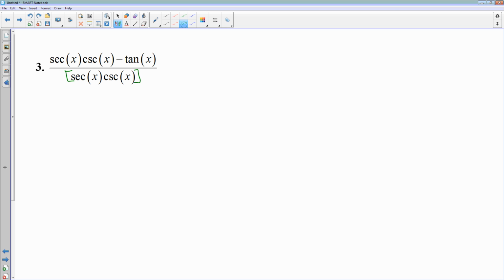I'm going to group that denominator as one big term, and I'm going to split this fraction up into secant x cosecant x over secant x cosecant x, minus, and then I'm going to split the other part up. I'm going to put the tangent over secant x cosecant x.